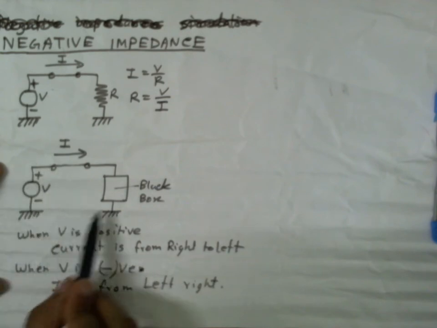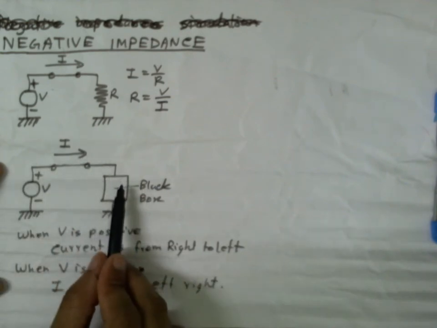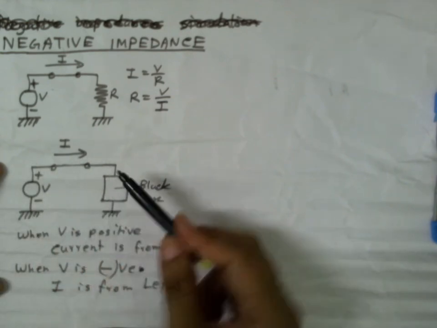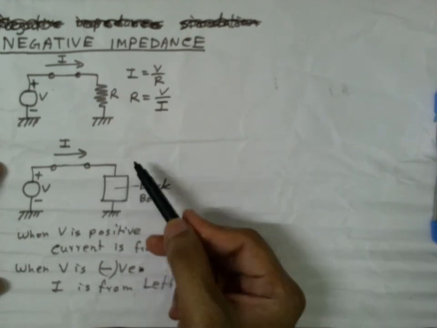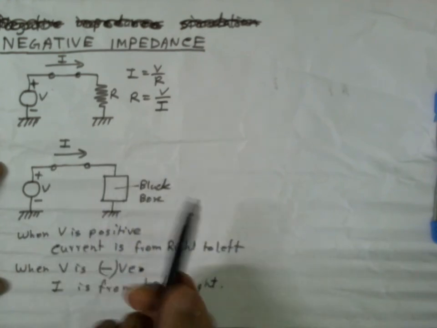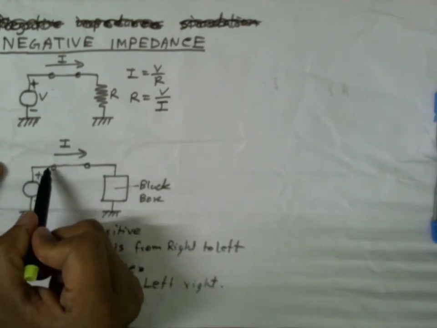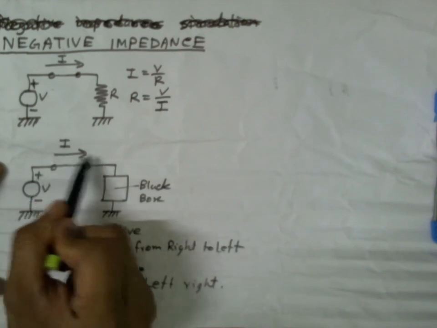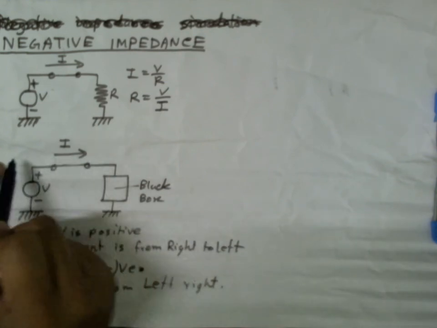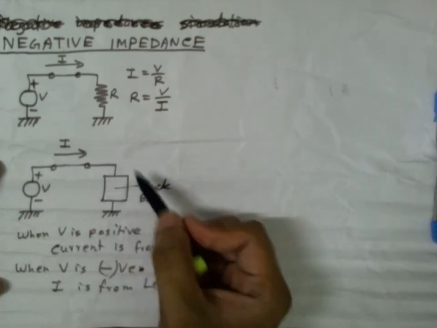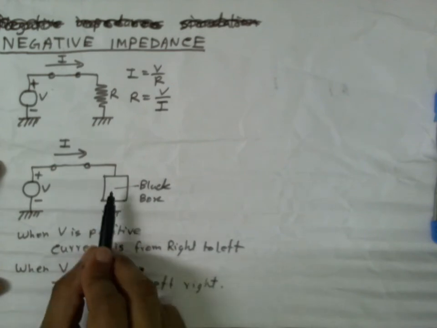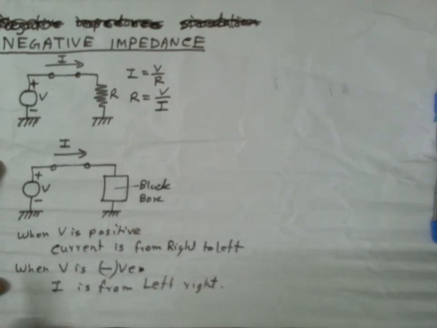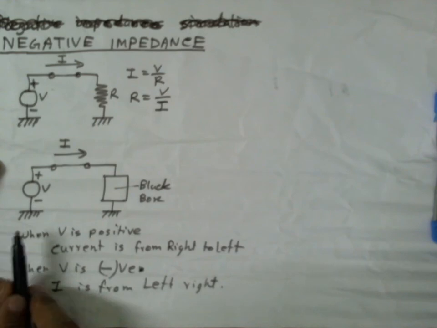So this arrangement I can call a negative resistance, because it's behaving in a manner contrary to Ohm's law. When this potential is higher, current instead of flowing from left to right is flowing out from right to left. So then I will call this arrangement a negative resistance. Okay, so that's what I mean by a negative resistance.